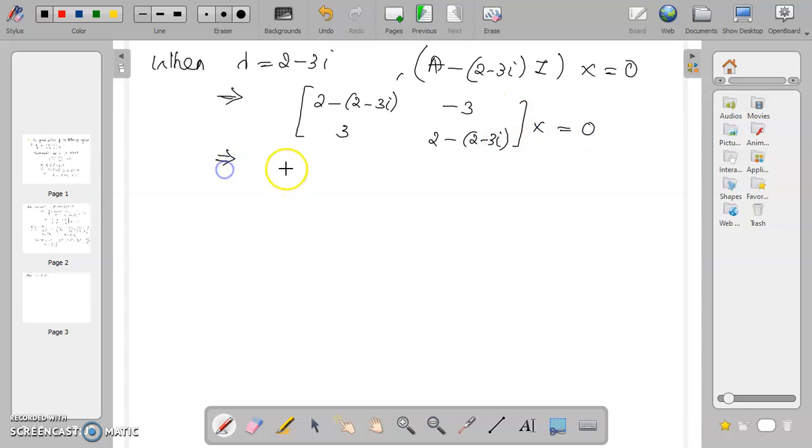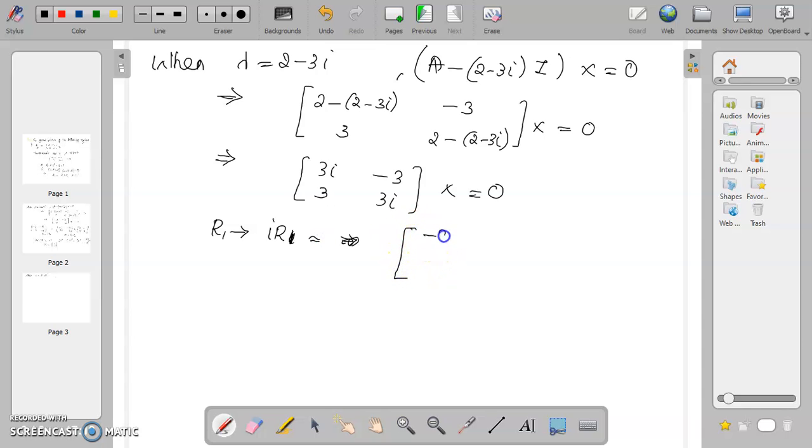So that will give us the matrix 3i, minus 3, 3 and 3i, x equal to 0. Again, upon multiplying, take R1 goes to i R1, so that will be equivalent to the matrix minus 3i, 3 and 3, 3i.